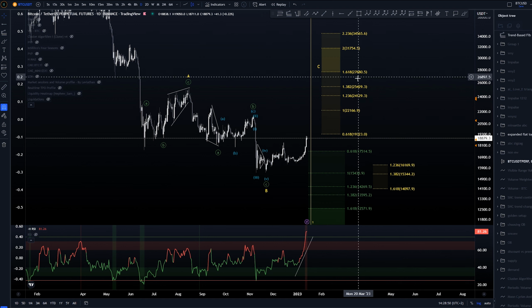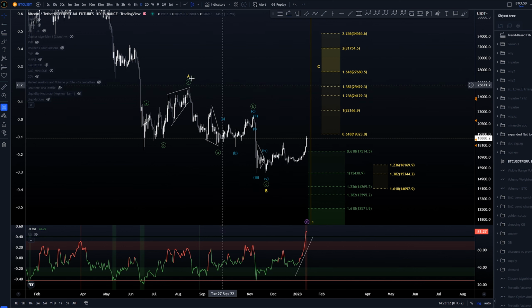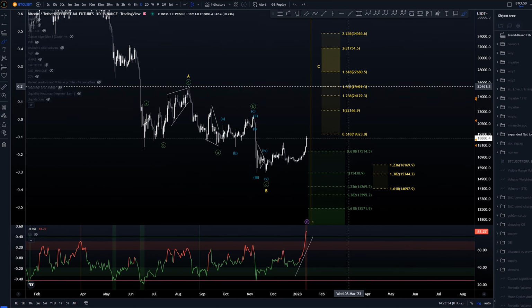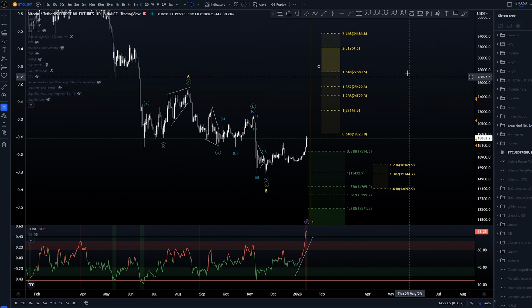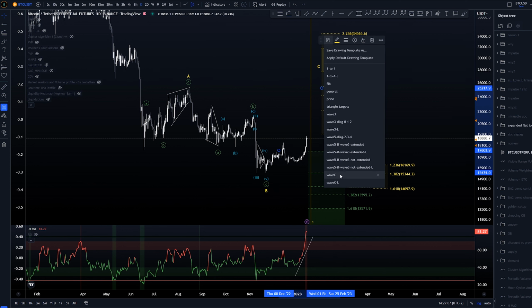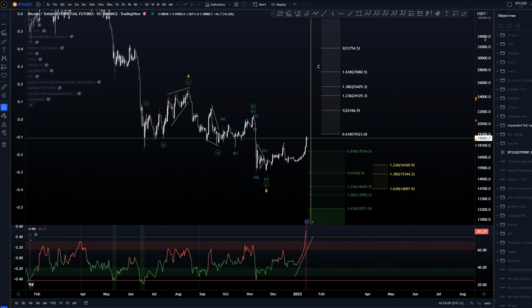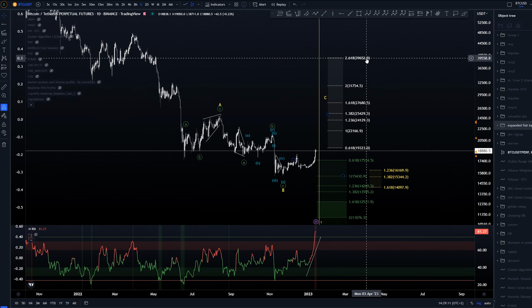Generally, going beyond the wave A highs would be something that we definitely want to see. And this is probably the target that we want to be seeing as well. 1.618, it's kind of extended, but it's not too extended. This can definitely go well beyond, the 2.236, all the way to 2.618 here.